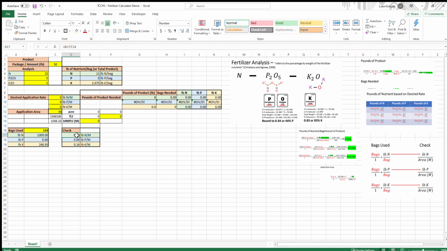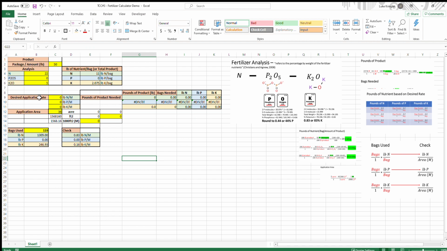Using these check functions, we see that we applied 0.83 pounds of nitrogen per 1,000 square feet. And the reason we had these tables independent of our pounds of product is for this very reason, so we could work backwards.